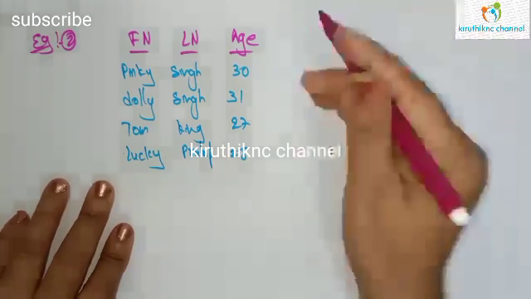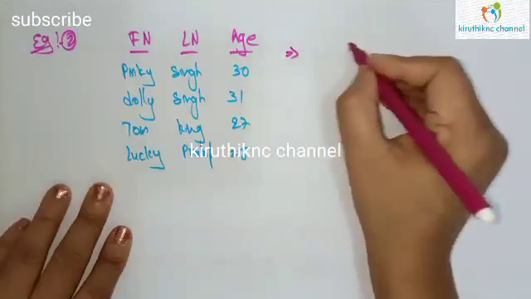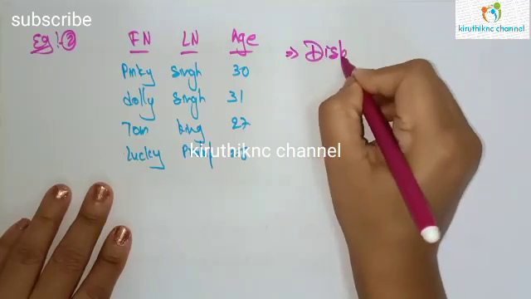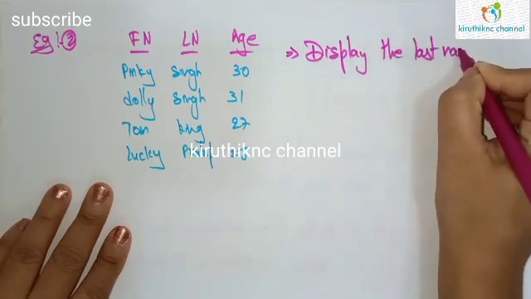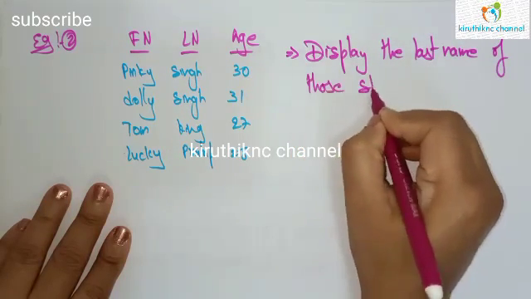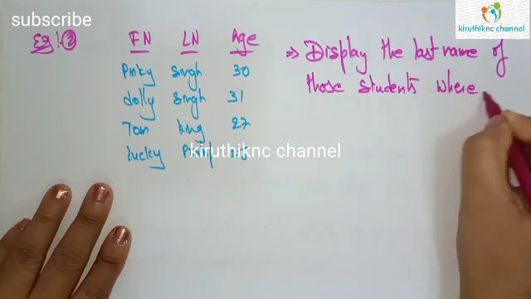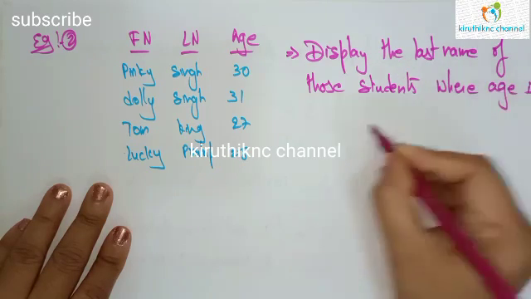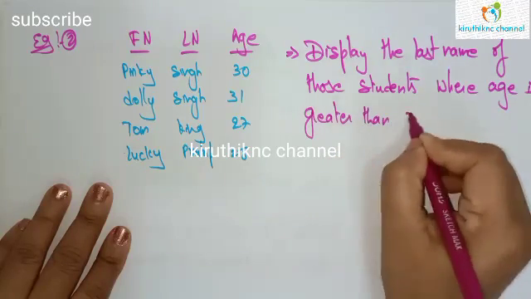Now I'm writing the query. The question is: display the last name of those students where age is greater than 30.